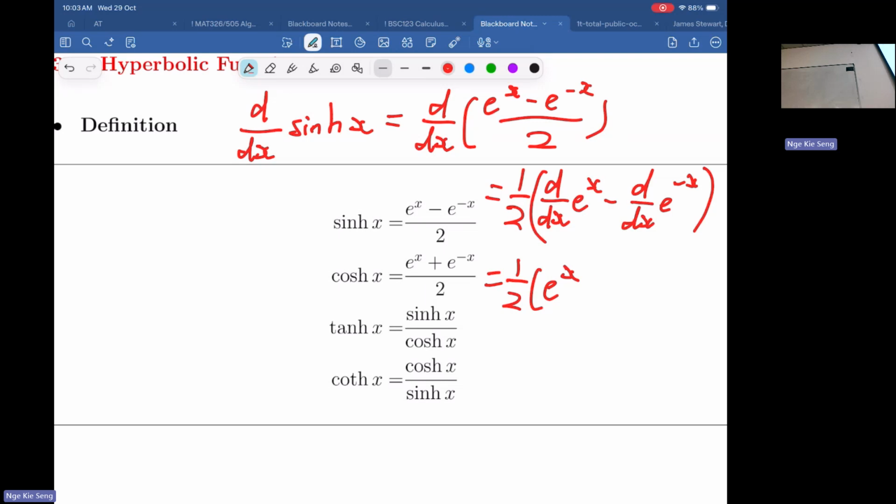How about differentiating e to the minus x? If you differentiate e to the minus x, what do you get?